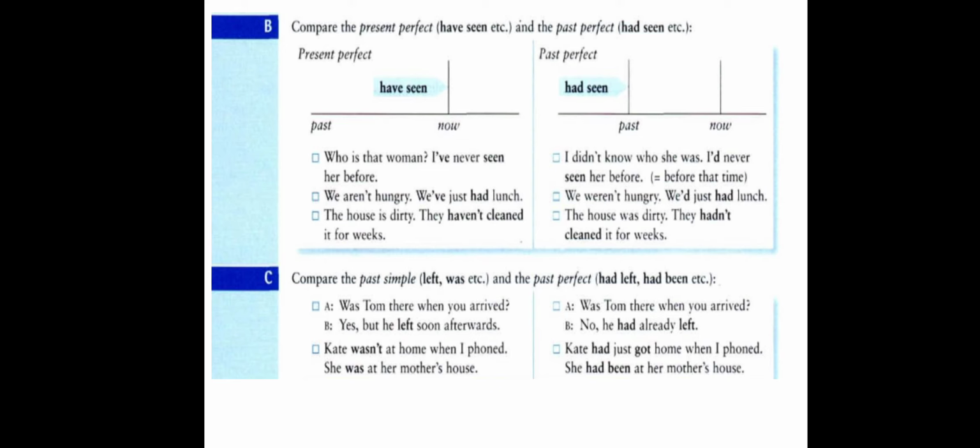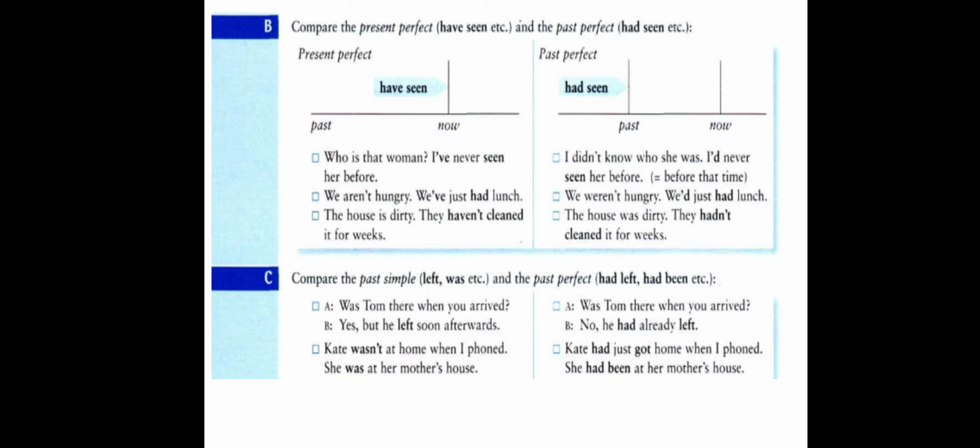Let's go back to the present perfect. The house is dirty. Is means now, so the end point is now. And the action extended from a past point to now, as in the sketch above. So it becomes present perfect.